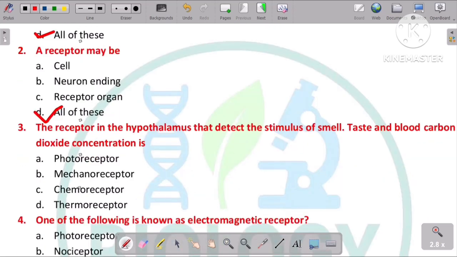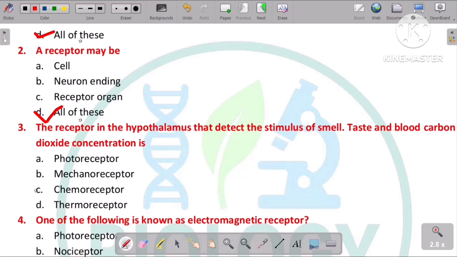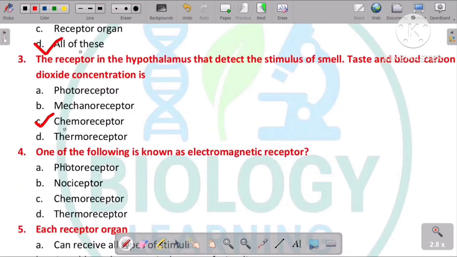So the next question is: the receptor in the hypothalamus that detects stimuli of smell, taste and blood carbon dioxide concentration is... The right option is option C, chemoreceptor.